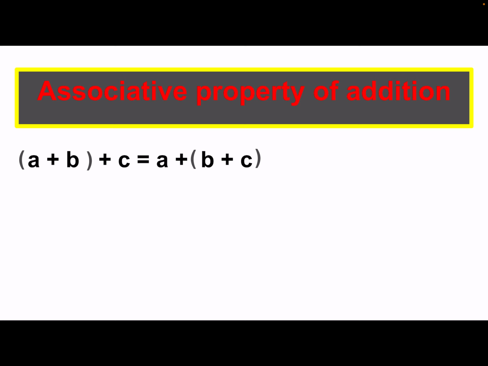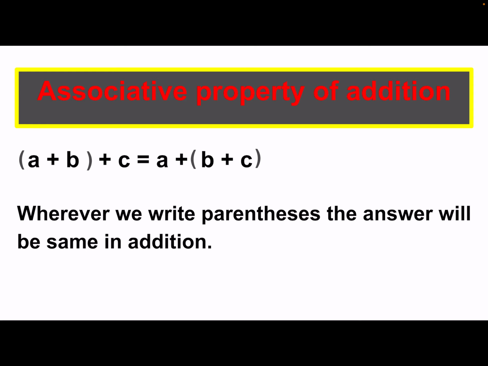Let's see how it is done. Whenever we write parentheses, the answer will be the same in addition. So the order of addition will not matter and the answer will be the same.